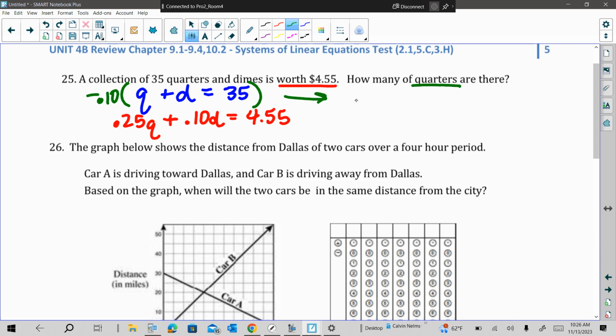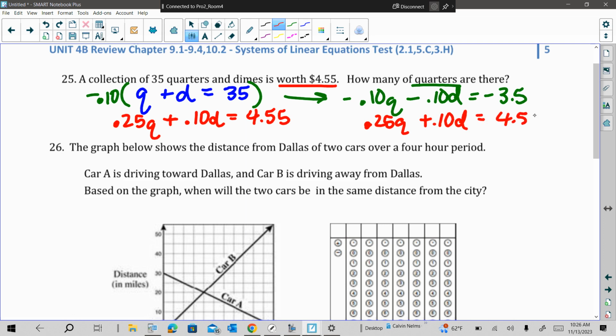So this would be negative 0.10Q minus 0.10D equals negative 3.5. And then I have 0.25Q plus 0.10D equals 4.55.